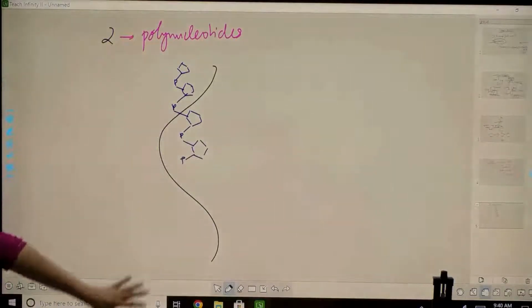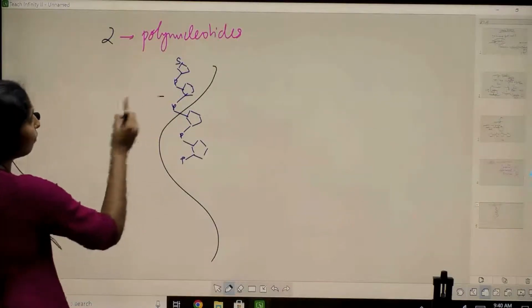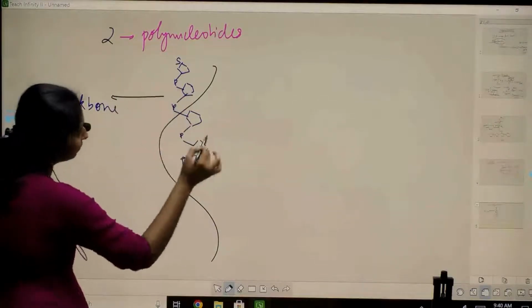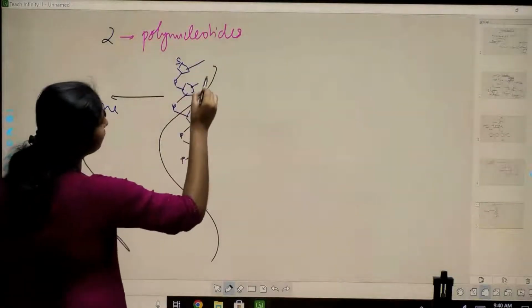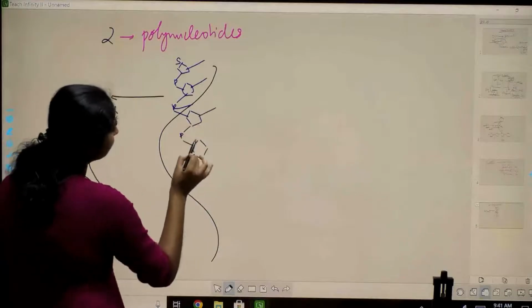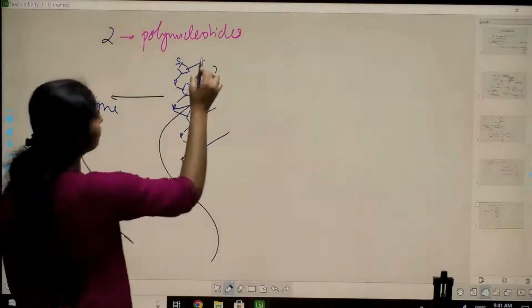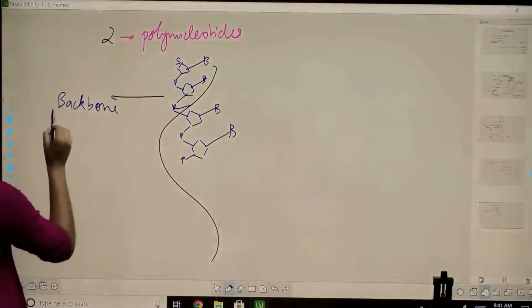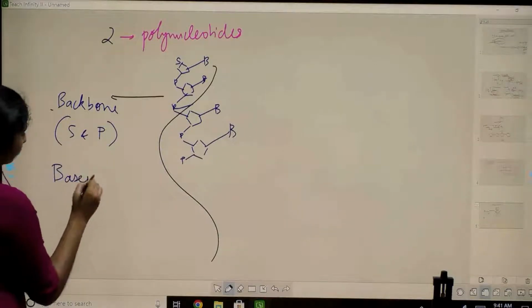So in the polynucleotide chain, what we can observe is that the sugar and the phosphate group are forming the backbone of the double helix structure, whereas the bases are going to project inwards. Okay. So sugar and phosphate form the backbone of DNA, whereas the bases project inwards.